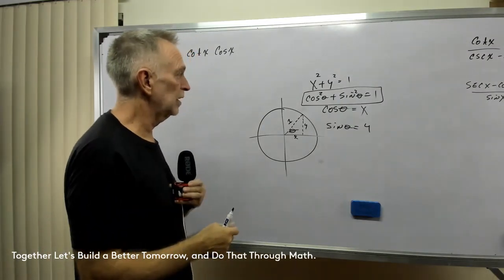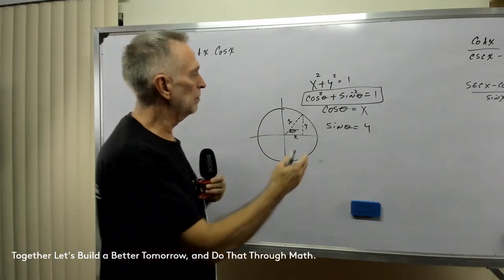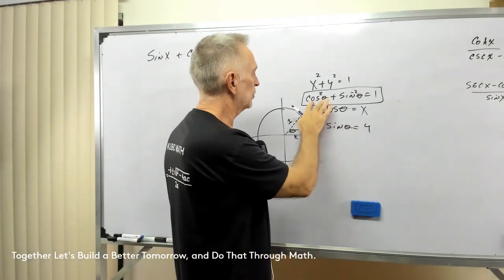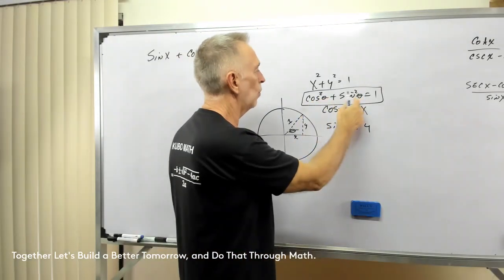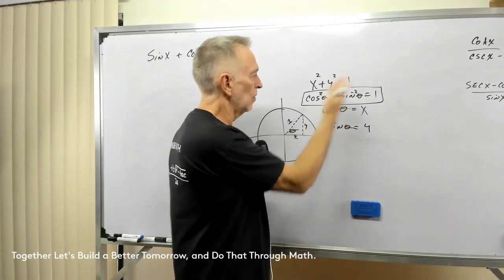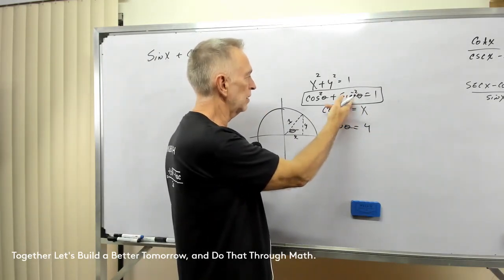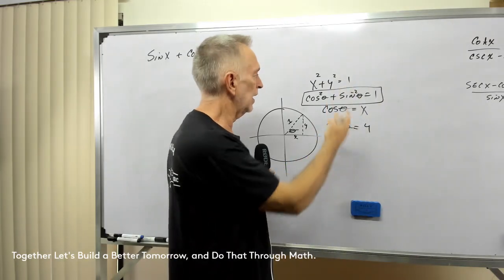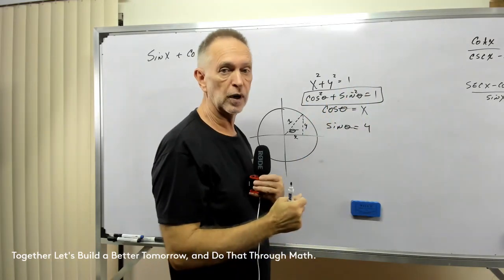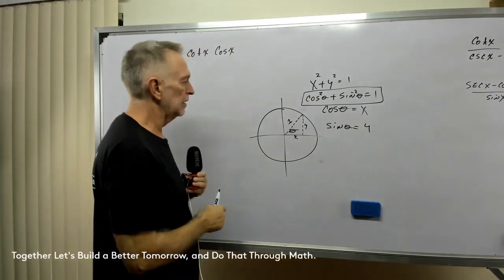So keep this one in mind. And sometimes maybe we just have cosine squared. Well, that's 1 minus sine squared. Or maybe we have in our formula the sine squared. Well, we might need to convert that to 1 minus cosine squared. So keep that in mind.